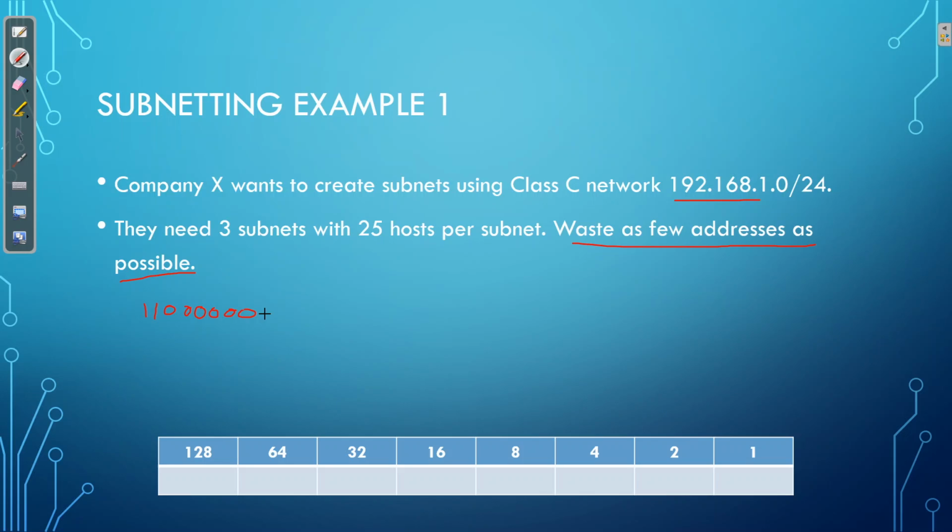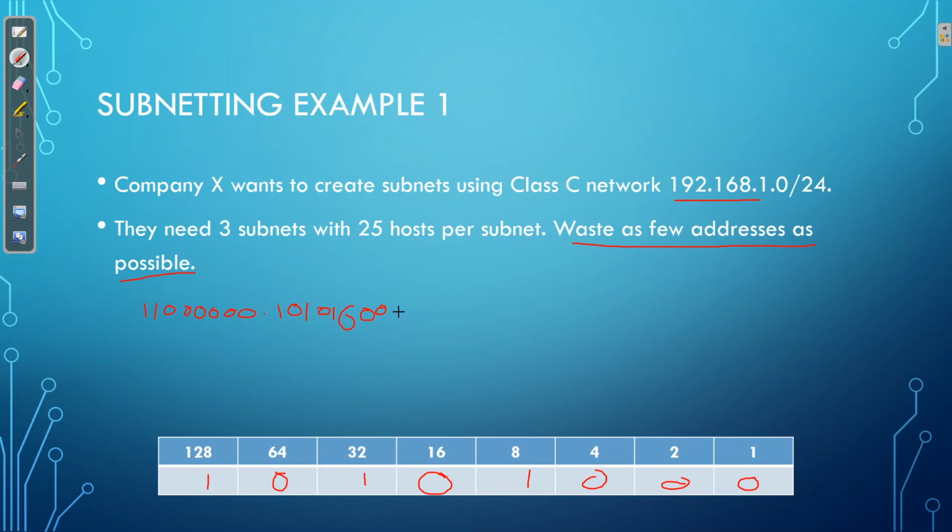Next, 168. That's 128, which leaves me with 40, so 32, 8. Let me just calculate that again: 128 plus 32 plus 8 gives me 168. Yes, that's correct. So that second octet is going to be 1 0 1 0 1 0 0 0.